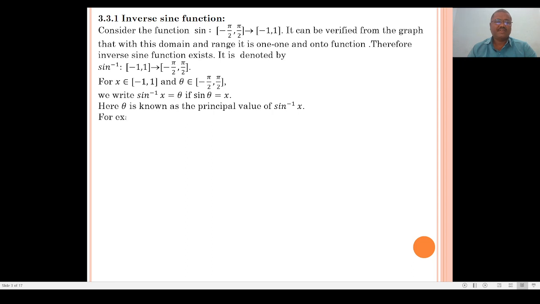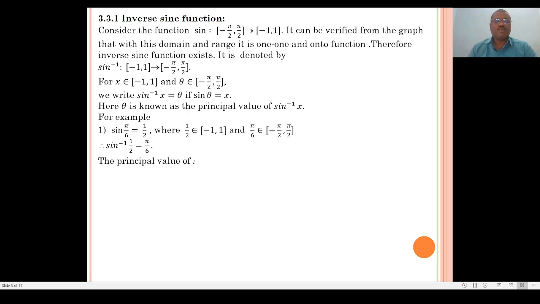So for example, we see sin pi by 6 equals half, where half belongs to -1 to 1 and pi by 6 belongs to closed interval minus pi by 2 to pi by 2. Therefore, sin inverse half equals pi by 6 and the principal value of sin inverse half is pi by 6.